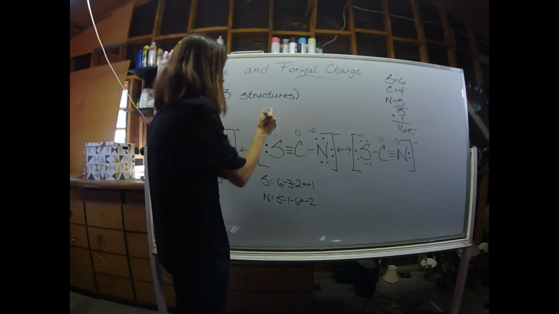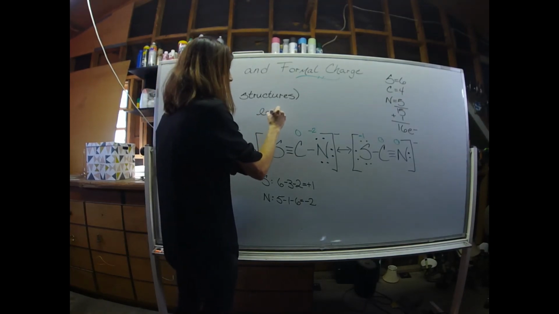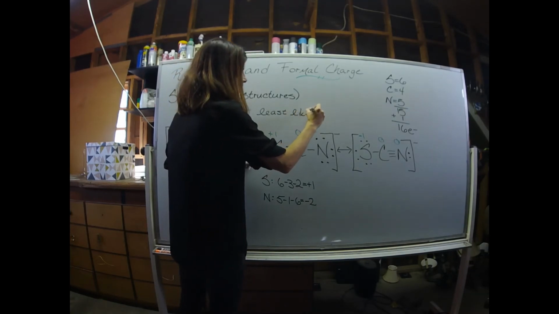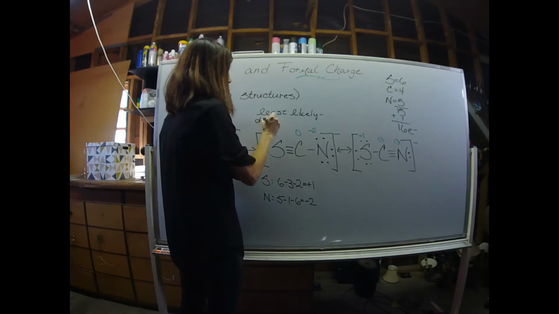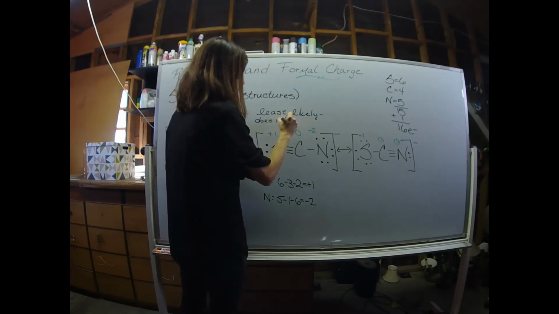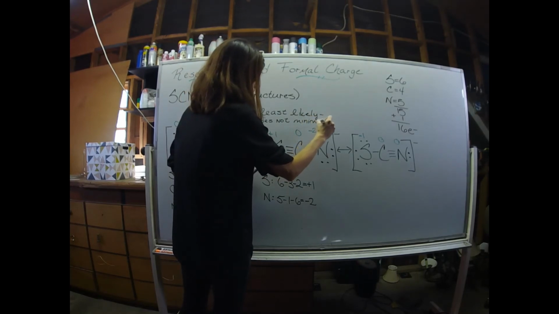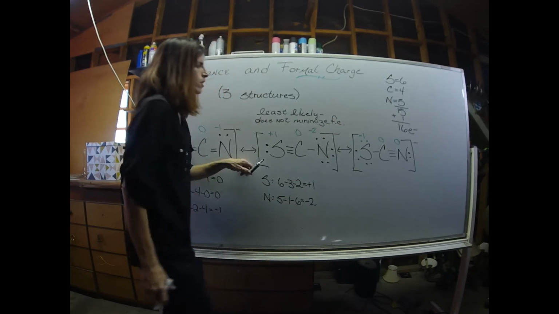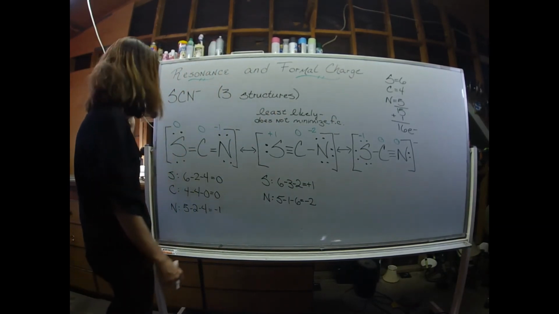So I'm going to get rid of or make a note about this middle one. This middle one does happen, but it's least likely. And the reason being, it does not minimize formal charge. I'll do FC for formal charge. So we're going to take that guy out of the running, put him in 3rd place.